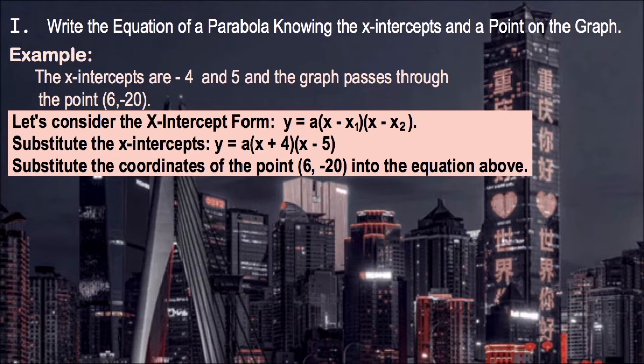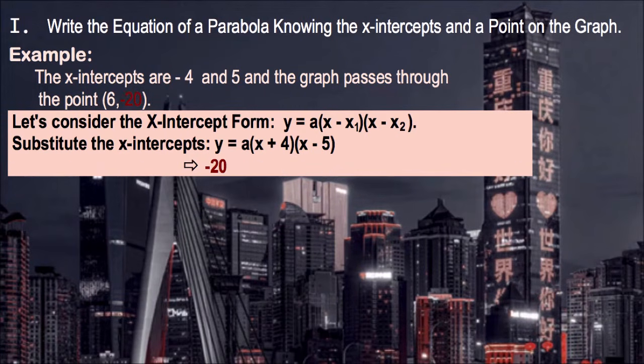Substitute the coordinates of the point of coordinates 6, negative 20 into the equation above. Thus, negative 20 equals a times the quantity 6 plus 4 times the quantity 6 minus 5, which is equivalent to negative 20 equals 10a.